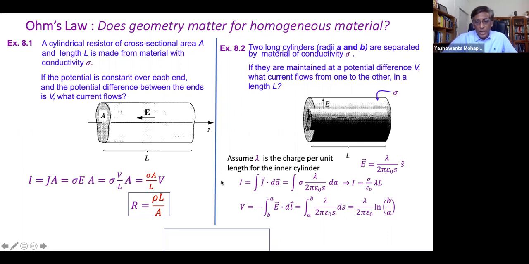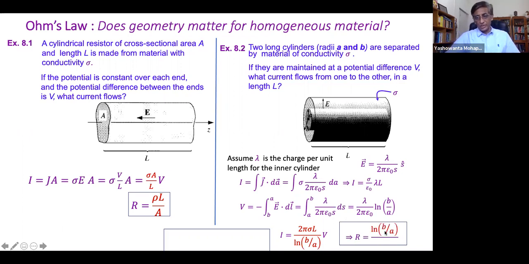So I know V, and hence I should be able to write down I in terms of V. The inverse of this is the resistance. So R is log of b by a over 2 pi sigma L. So V is still IR, our old high school physics Ohm's law.